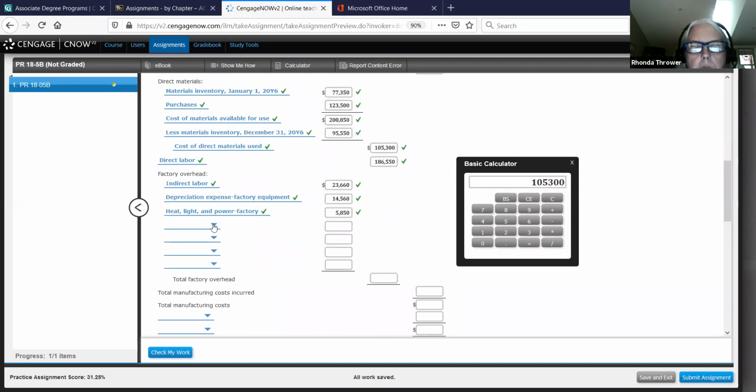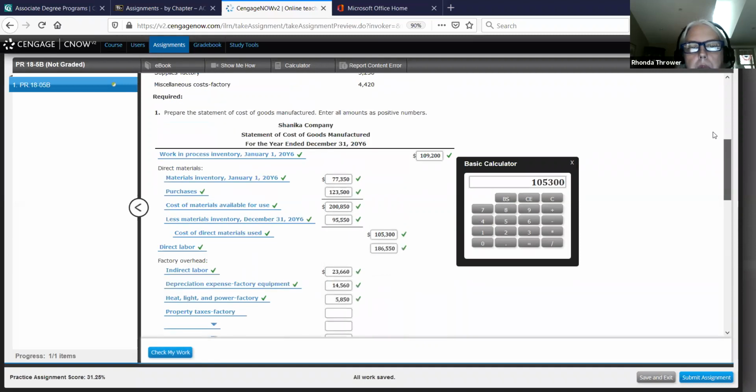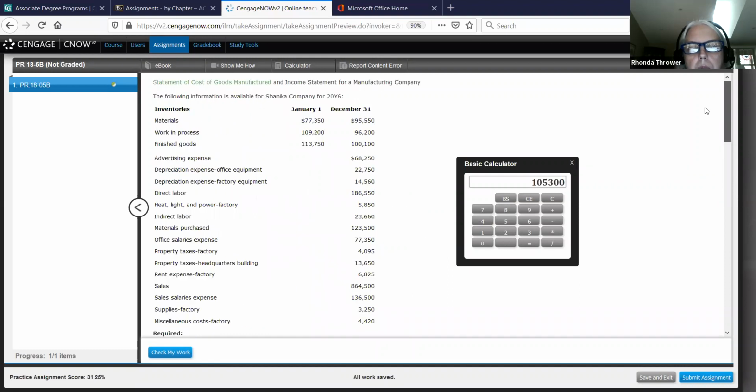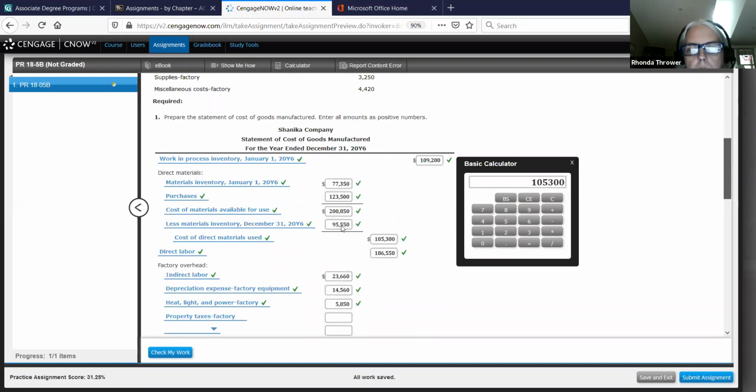The next type of factory overhead cost is property taxes on the factory. $4,095.